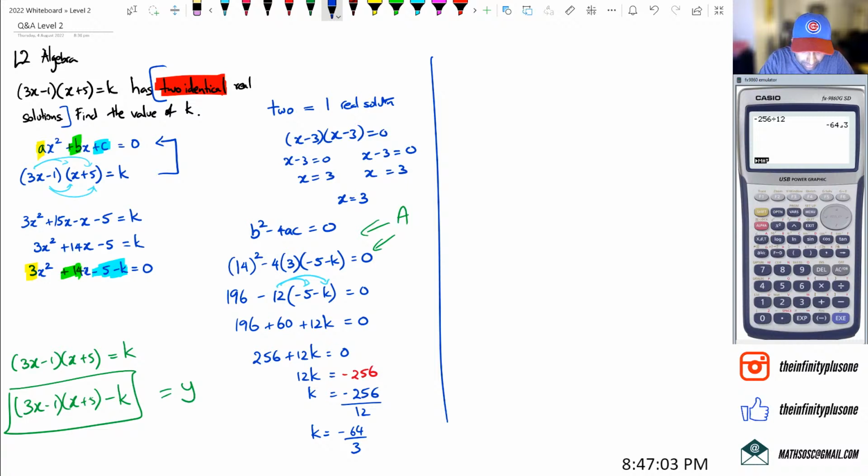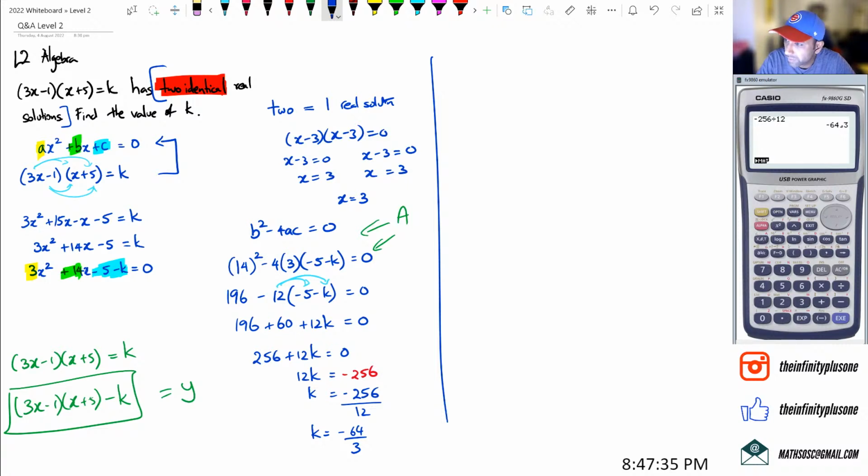So what do we got? 2x plus k. Okay, I'm going to give you guys a slightly harder one, just to see what happens. x plus 1 equals minus 3.